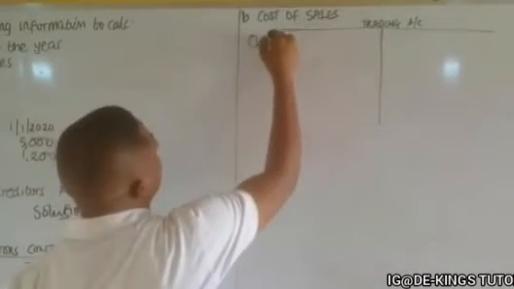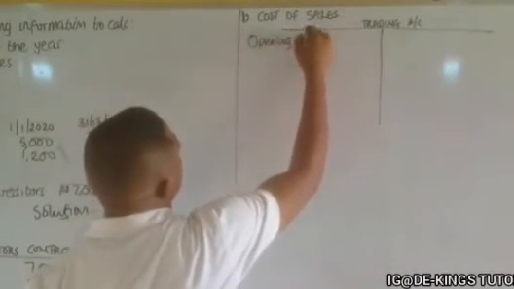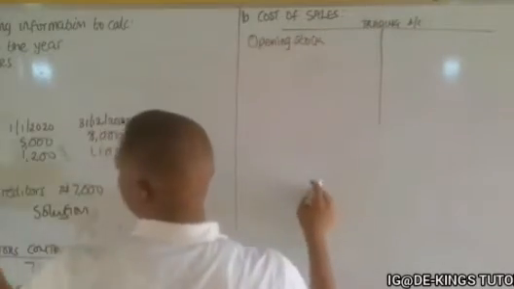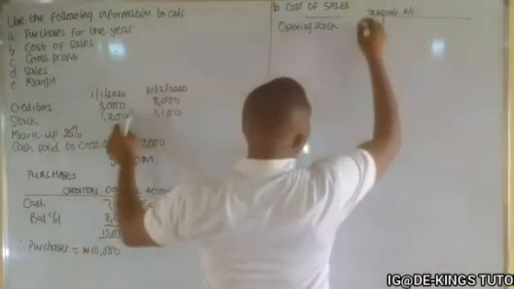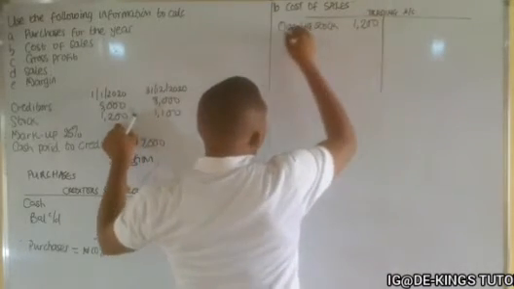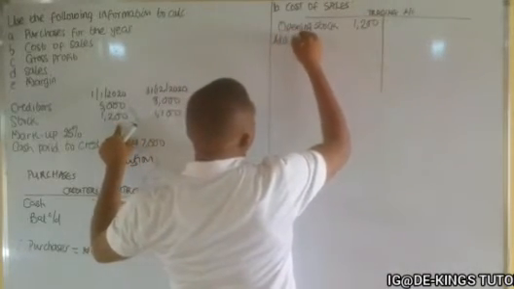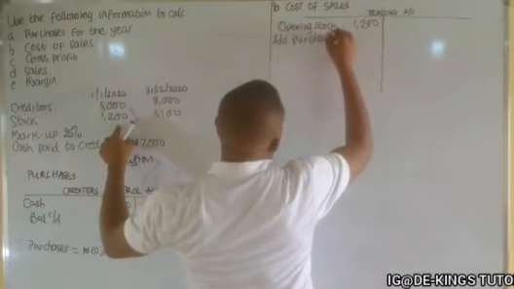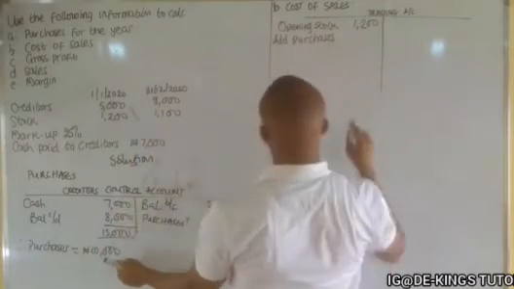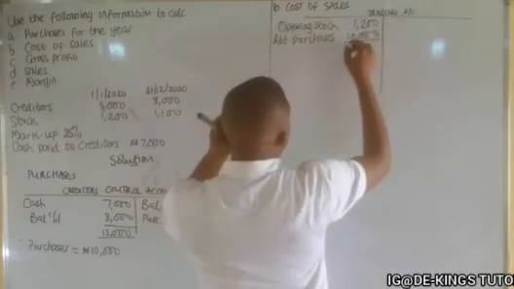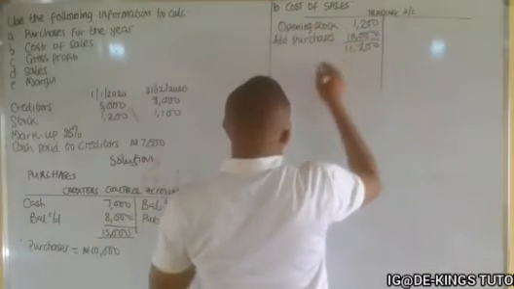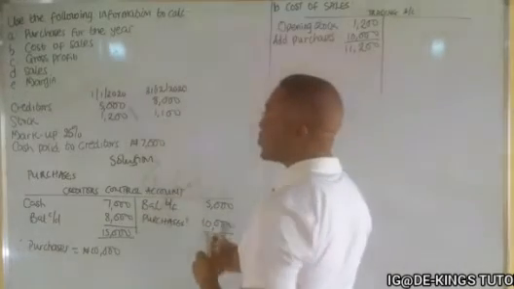The first thing that comes here is our opening stock, the one at the beginning of the period, which is 1,200. Then we add purchases, which we have solved as 10,000. So 10,000 plus this is 11,200. There is no carriage inward and no returns outward.